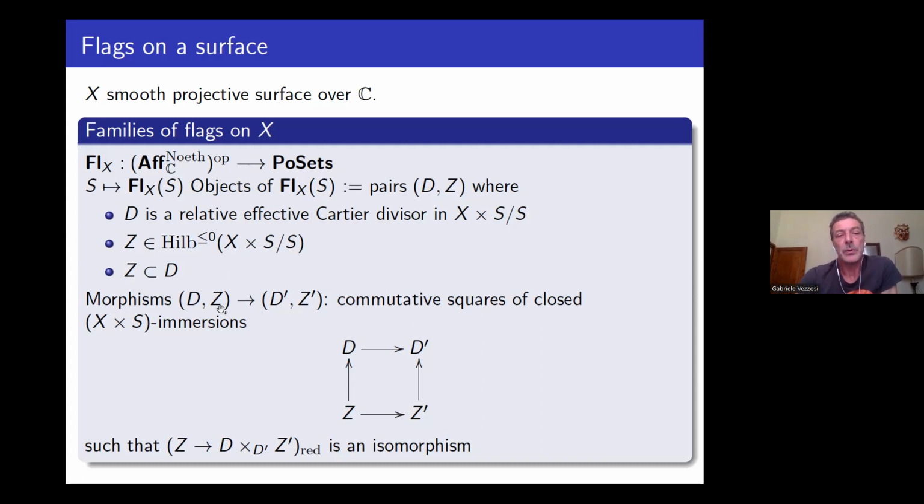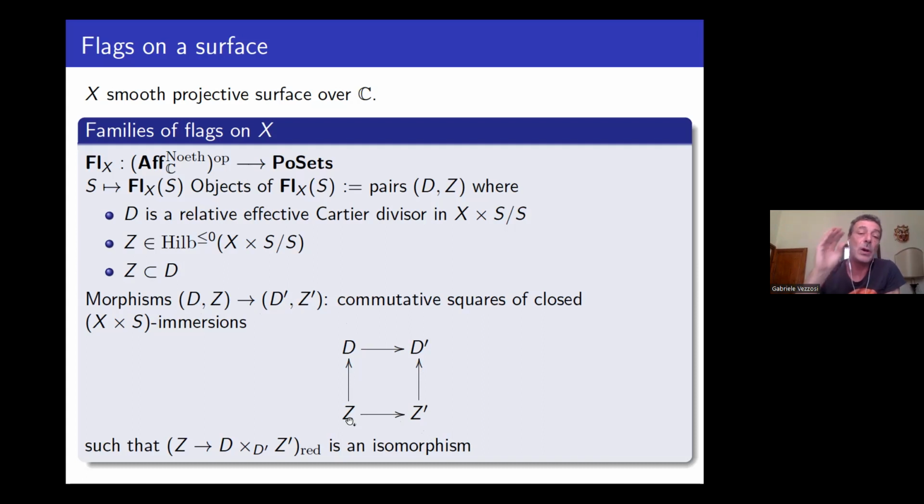So there is an obvious notion of inclusions between two pairs like this, (D, Z) and (D', Z'). The inclusion is just this diagram, which is displayed there, a commutative diagram. But we require that Z is exactly the pullback in this diagram.